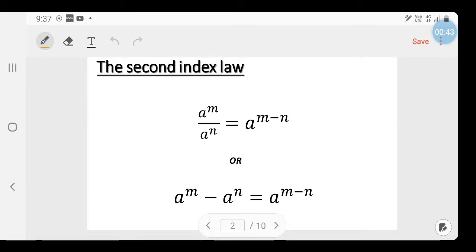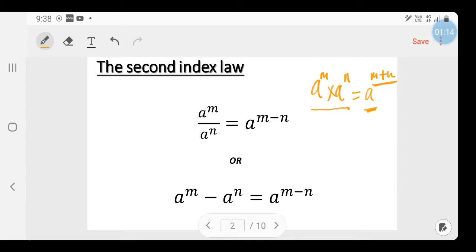Alright, here is the second index law. It's very similar in nature to the first index law. Let me explain. What was the first index law? a to the m times a to the n equals a to the m plus n. So when you're multiplying the same bases with different powers, it equals that base to the sum of those powers.